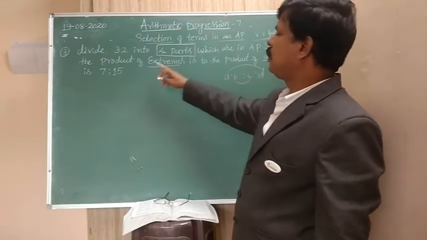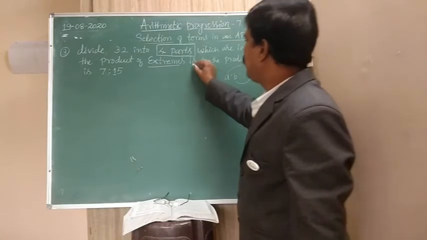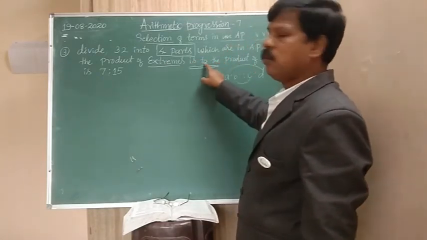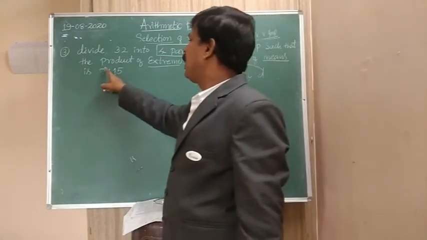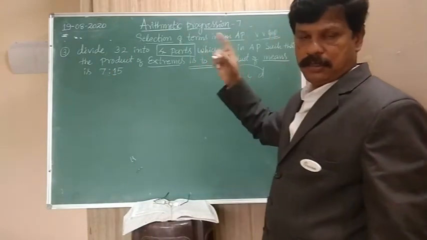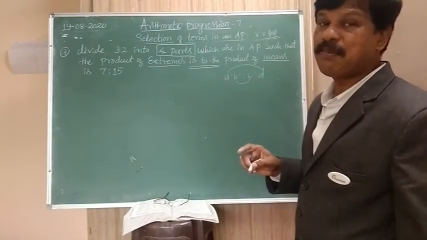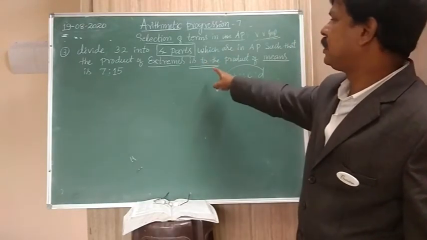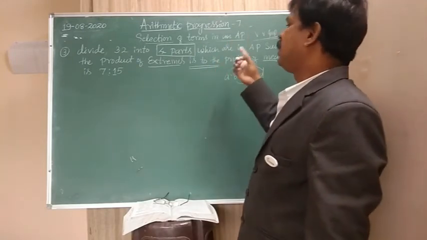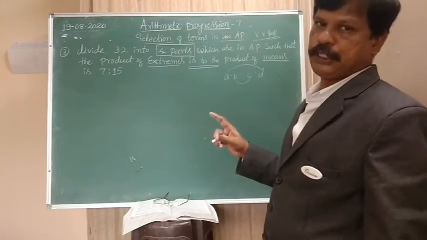And also here one more thing you should observe, that is 'is to'. Now here, instead of giving like this, they are mentioned in the statement itself, right? Clear? Then you should understand that it is a ratio and proportions.